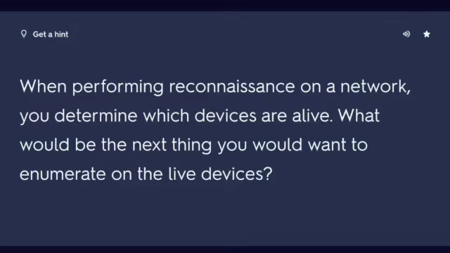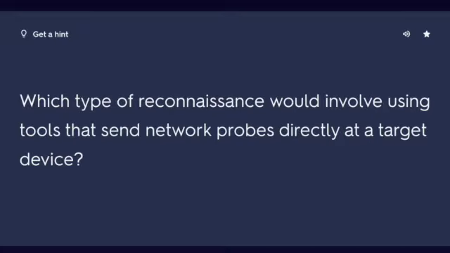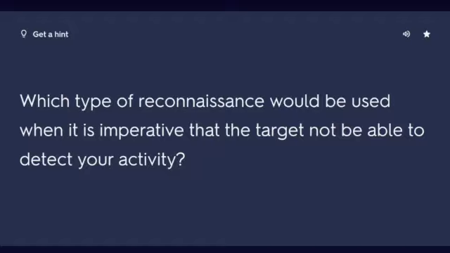When performing reconnaissance on a network, you determine which devices are alive. What would be the next thing you would want to enumerate on the live devices? Services. What type of reconnaissance would involve using tools that send network probes directly at a target device? Active reconnaissance. Which type of reconnaissance would be used when it is imperative that the target not be able to detect your activity?